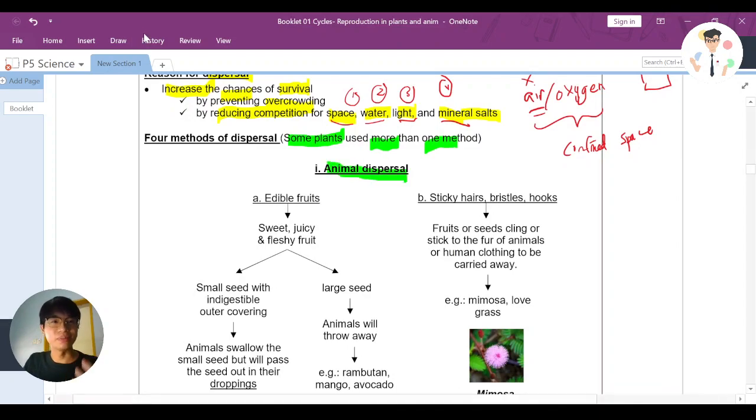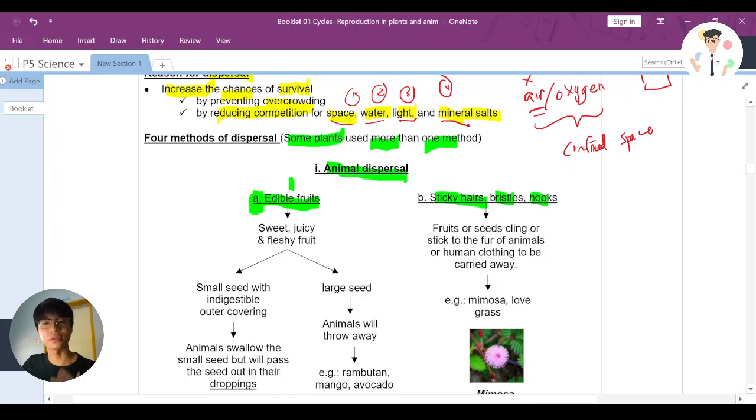In animal dispersal, we are using the help of animals to spread or scatter the seeds or fruits. There are two kinds of fruits with different characteristics. The first is fruits that are edible, and the second is fruits with sticky hair, bristles, or hooks.